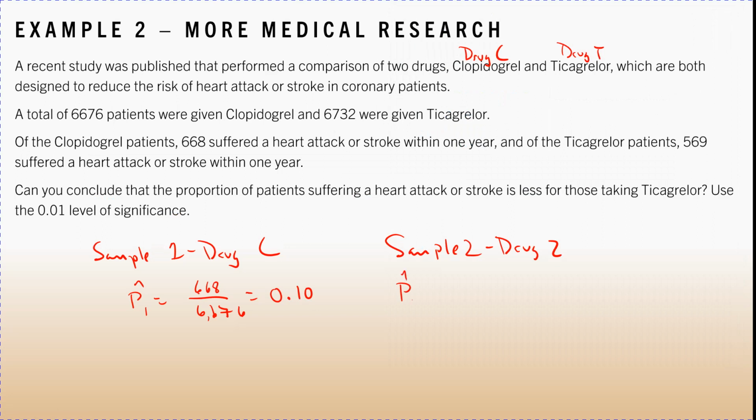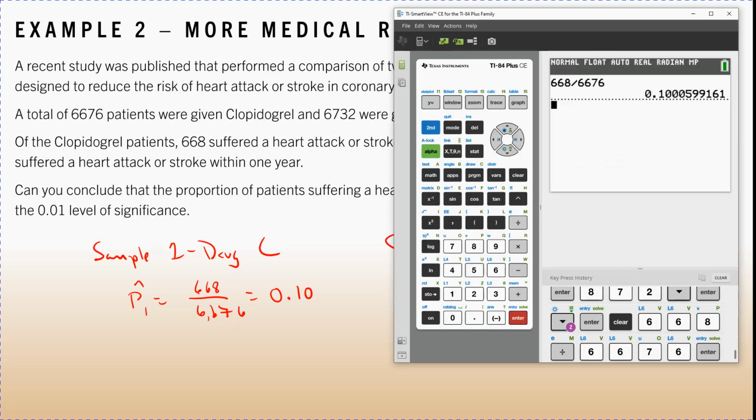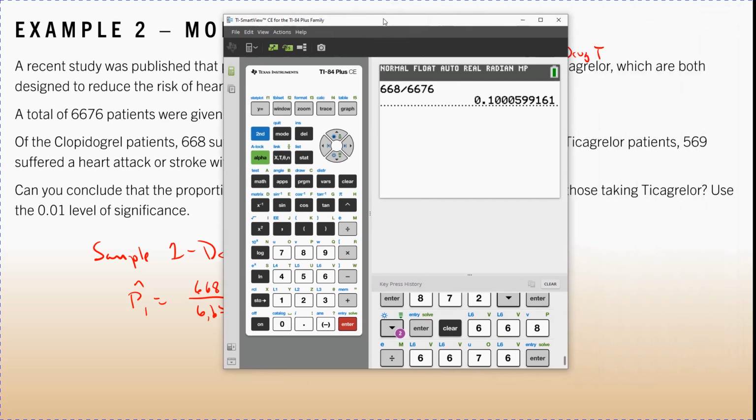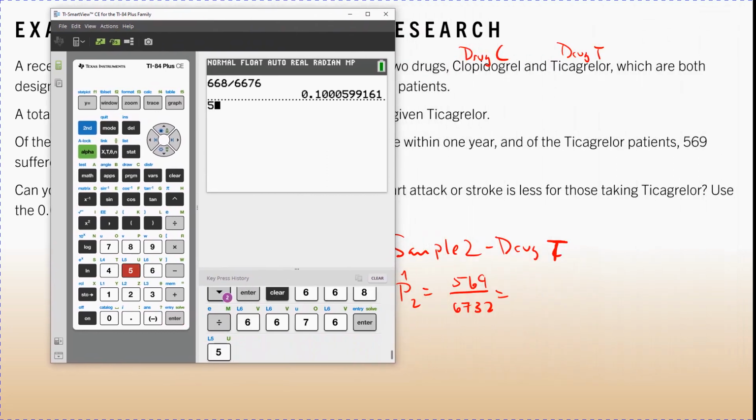Sample 2, using drug T, there were 6,732, and 569 of them experienced a heart attack or stroke within the first year.